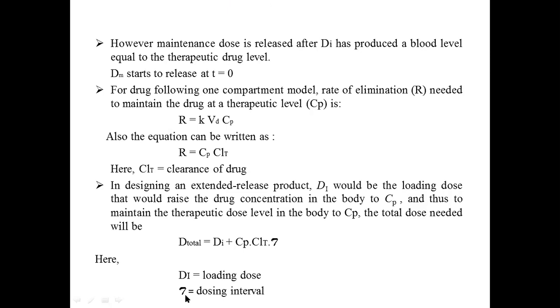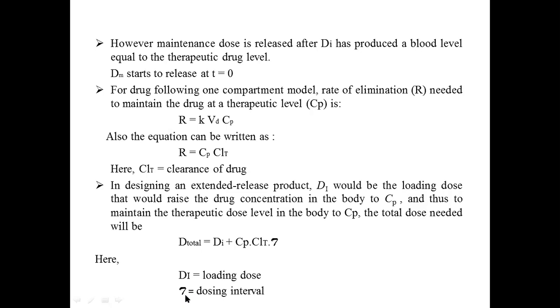For a drug following the one compartment model, the rate of elimination is needed to maintain the drug at a therapeutic level. Cp is given by the equation, and this equation can also be written as elimination equals the therapeutic level times the clearance of the drug. Here the clearance of the drug is used in designing an extended release product.